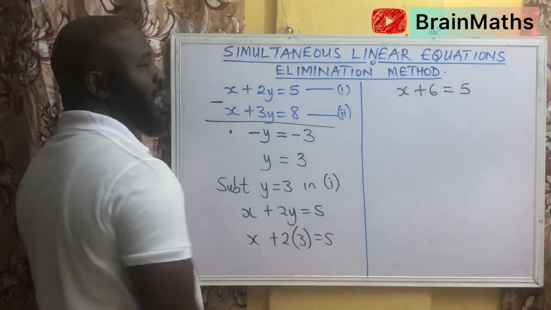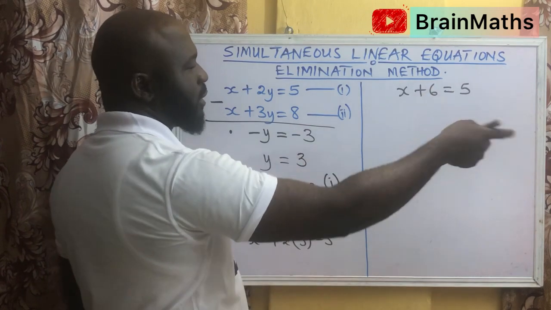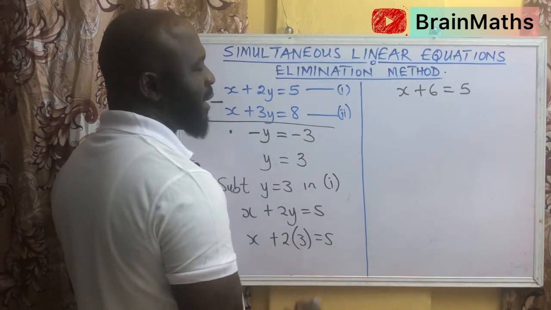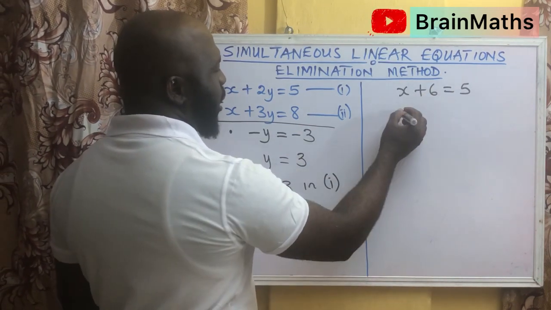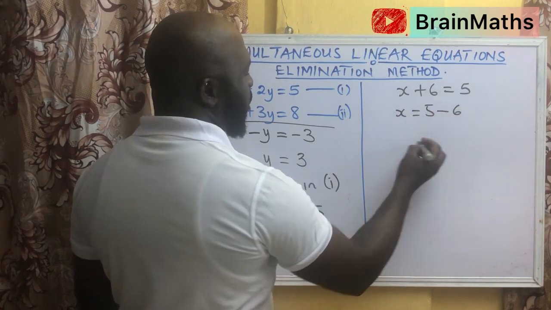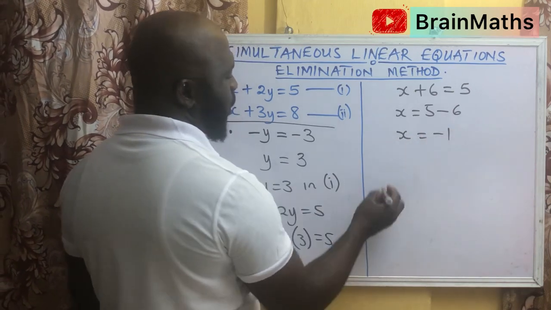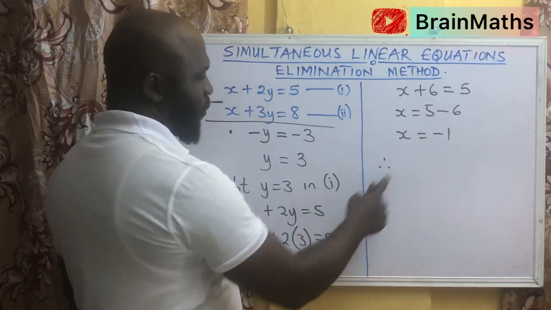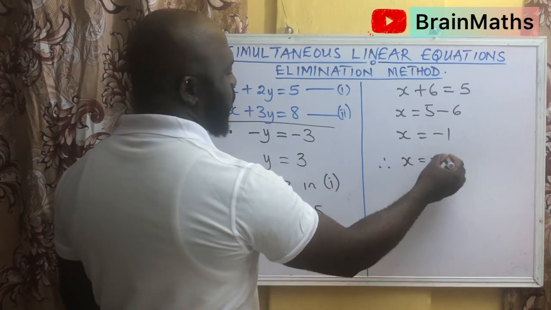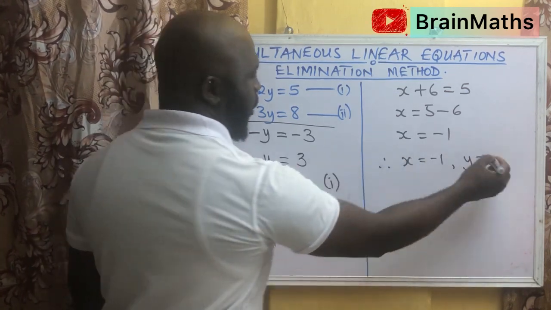And from what we are seeing here, we can easily take plus 6 to the other side by collecting like terms. So we say x equals 5 minus 6. Therefore, our x equals minus 1. So therefore, the value of x is minus 1 and the value of y is 3.